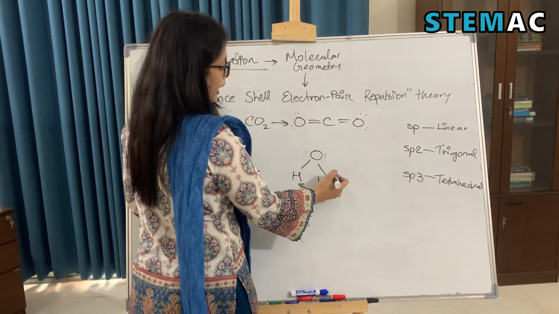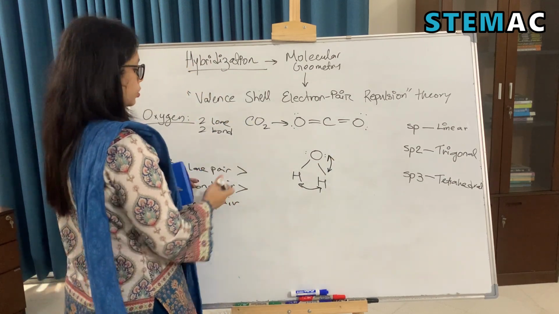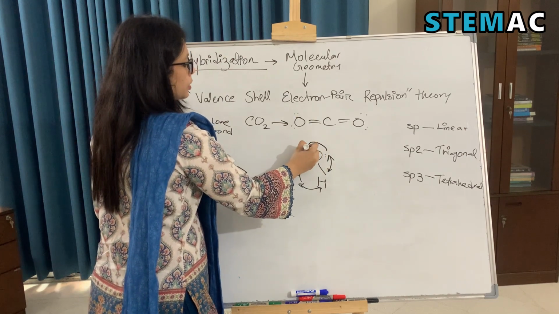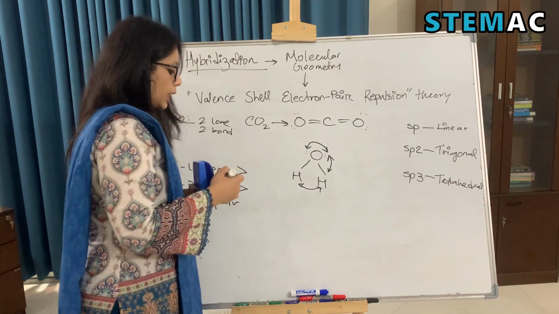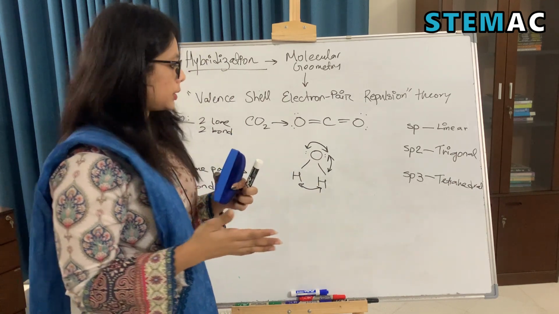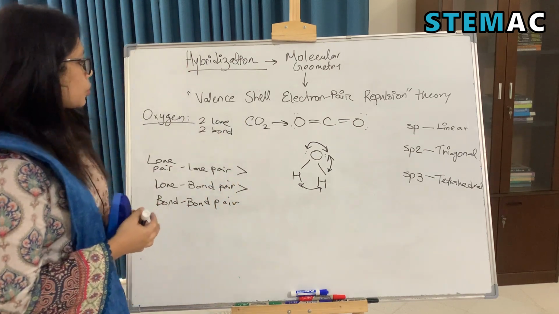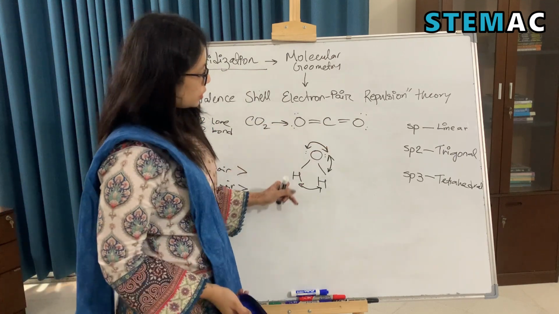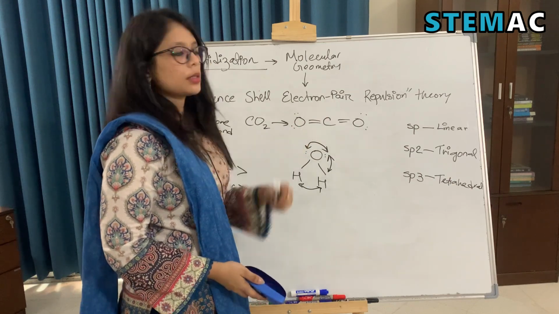This is a lone pair and this is a bond pair, so they should be well far apart from each other so that the repulsion is least. And the greatest repulsion takes place between the lone pairs, so they should be fixed at the farthest possible distance from one another, so the repulsion force is least. This is why the structure of water is bent, but the structure of carbon dioxide is straight.